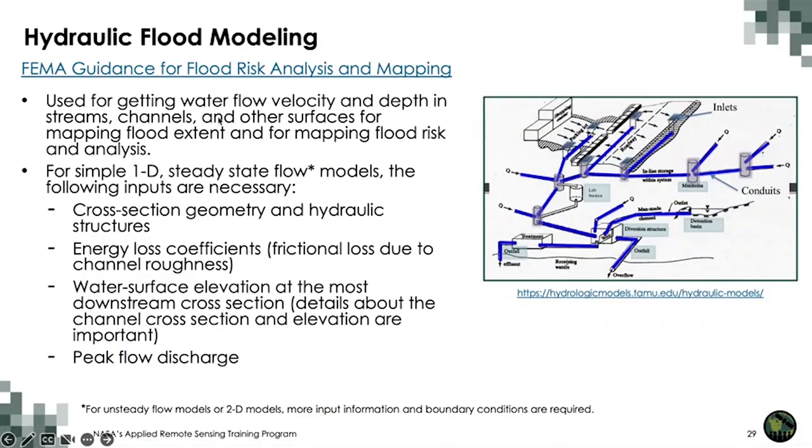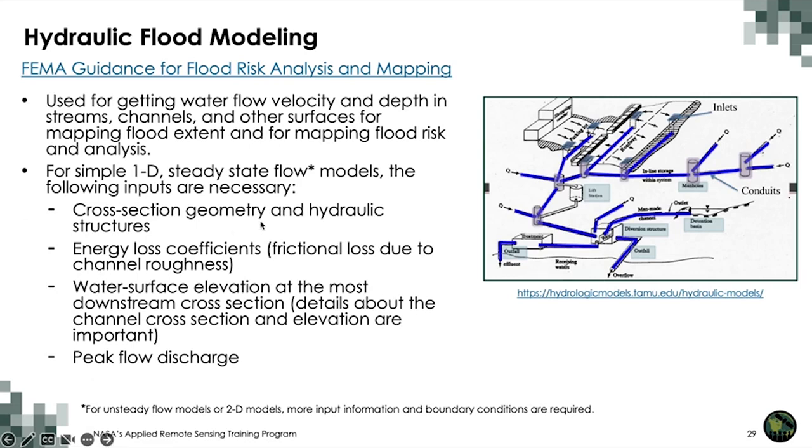Hydraulic models are used for getting water flow velocity and depth in streams, channels, and other surfaces for mapping flood extent and for flood risk analysis. For example, FEMA uses flood risk analysis and mapping based on hydraulic models. For a simple hydraulic model, these inputs are required.